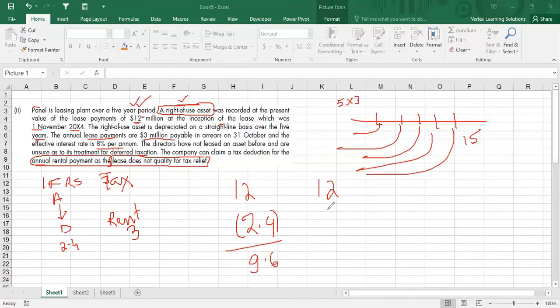Whereas in the tax books, you had a liability of 12 million, out of which 3 million you paid, so the tax base of the liability will be 9 million. So this is the carrying amount of the asset and this is the tax base of the liability. Because there is a difference of 0.6, which is 600,000, that 600,000 difference will definitely give rise to a temporary difference. And 600,000 multiplied by whatever the tax rate is.